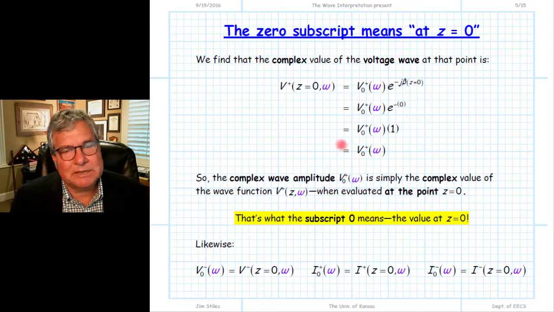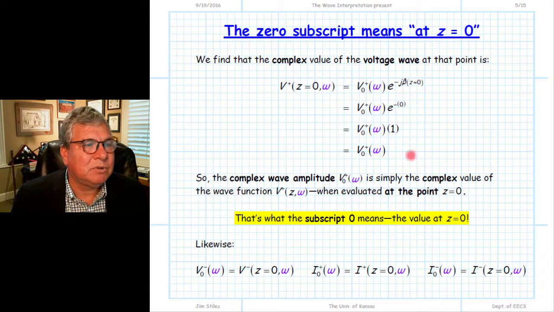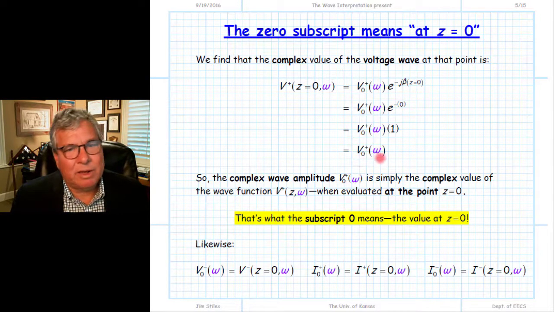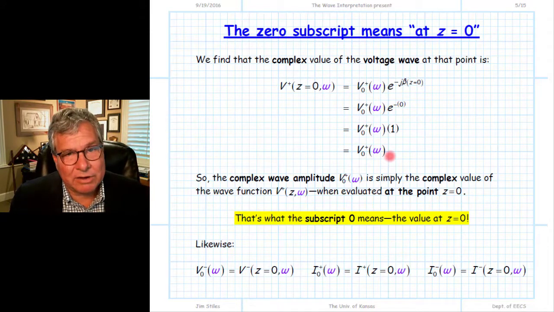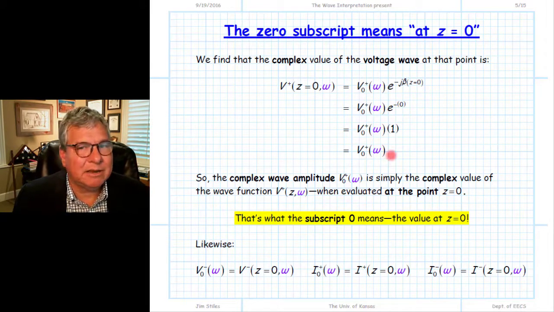Hopefully we can see now why V0 plus is, in fact, the value of the plus wave voltage at z equal to 0. All right, so when you see that number, right away you know exactly what the plus wave voltage is at whatever location on the transmission line is indicated by the index z equal to 0.